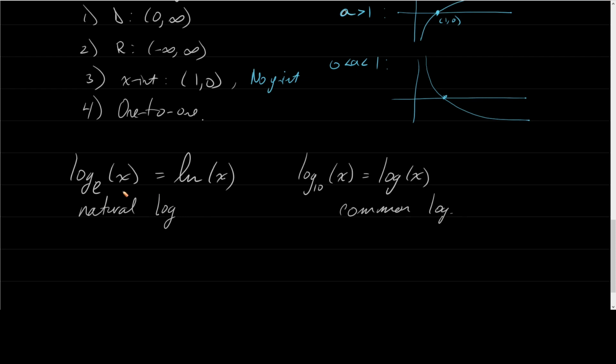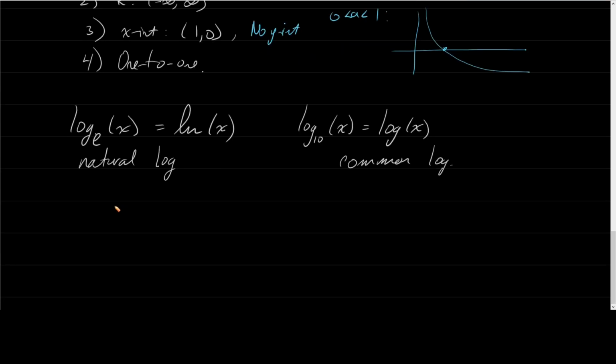This is called the natural log because it's base e. E is also commonly known as the natural number e, mostly because it comes up in nature a lot. So let's talk about some properties of logarithms.